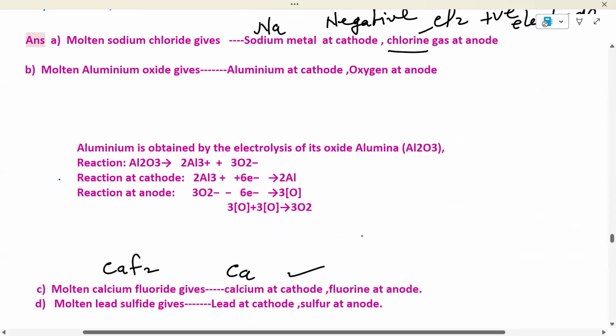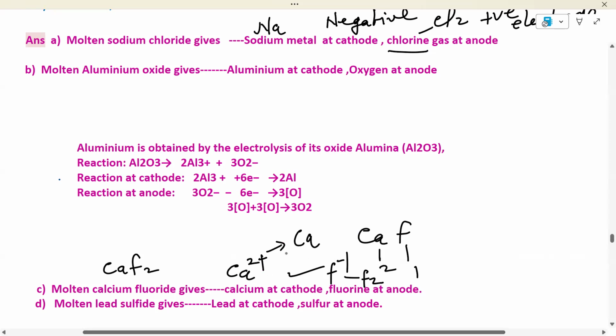Because the valency of calcium is 2 and fluorine's valency is 1, the formula would be CaF2. Calcium at the cathode, right? Calcium has 2 plus charge and fluorine has minus 1 charge. So fluorine will move towards the anode, and calcium becomes calcium metal and fluorine becomes fluorine gas.